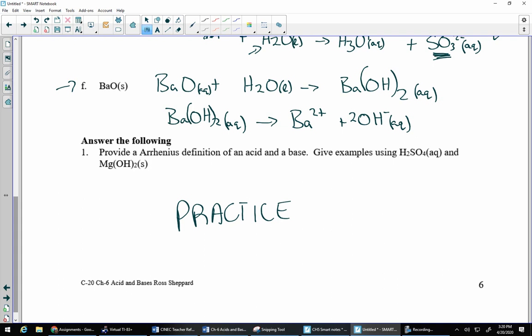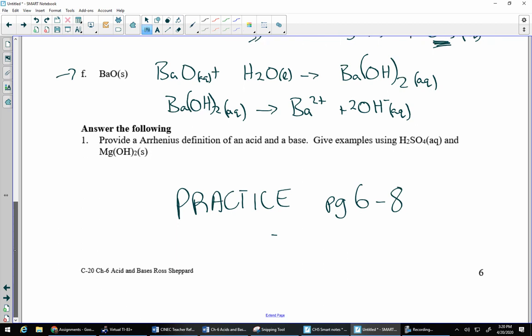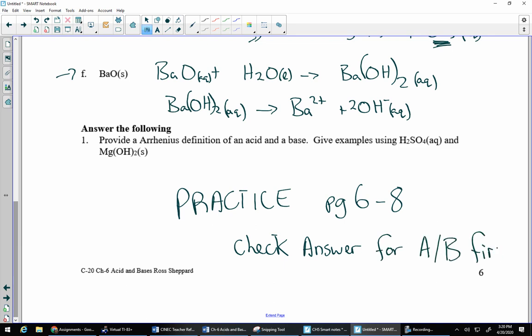So page 6 to 8. Go through and write them out. If you're getting confused, or having a hard time figuring out if it's acid or base, check answers on Google Classroom, but check the answer for acid or base first.